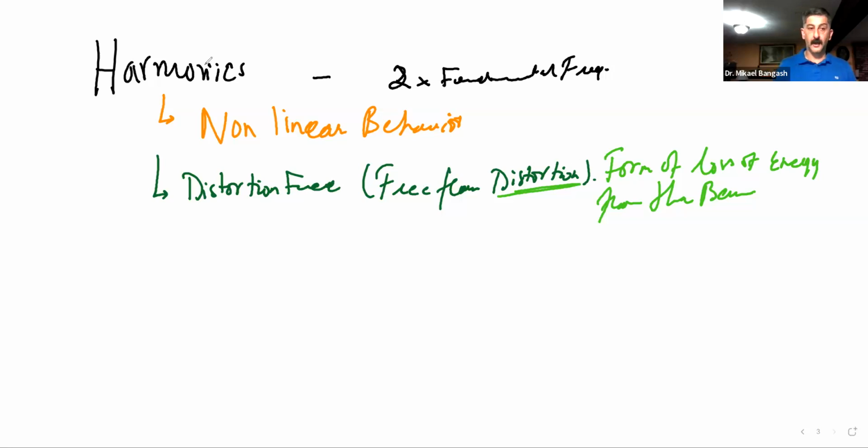So when we say that your harmonics are distortion free or free from distortion, that would mean that in an ultrasound beam, or harmonic ultrasound beam, there's going to be no loss of energy from the beam.